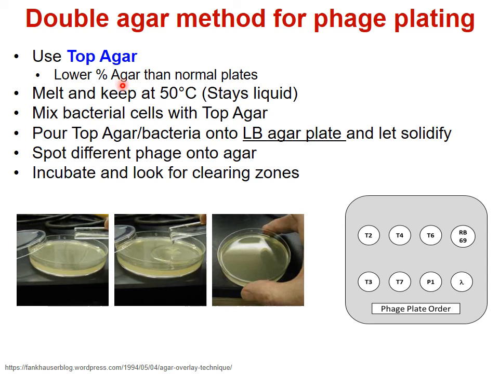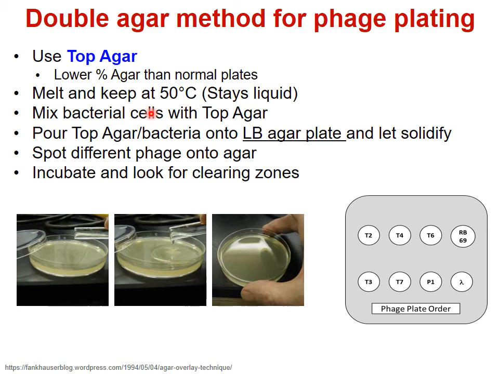By lowering the percentage, we can melt this, and we just use a microwave, and then keep it at around 50 degrees and it will stay liquid. What we're going to do is take some bacterial cells that will already be grown up in liquid culture. We'll add them to the top agar, and when we do this, we usually do one at a time.